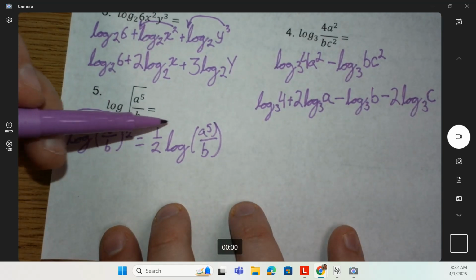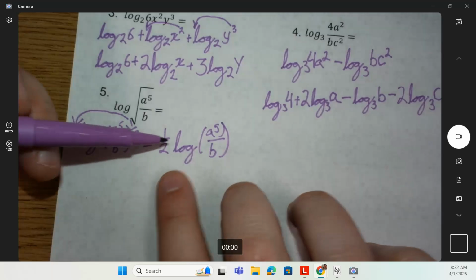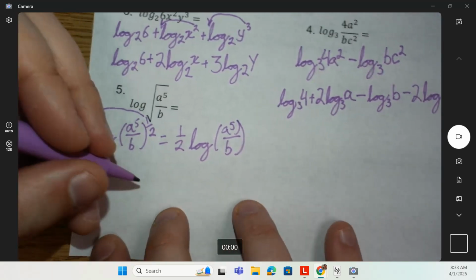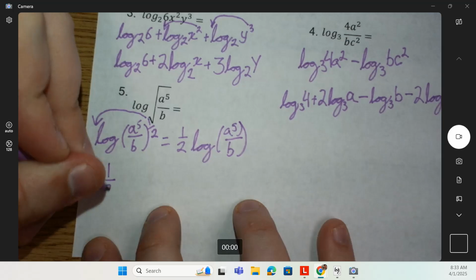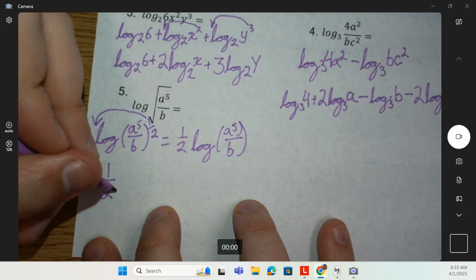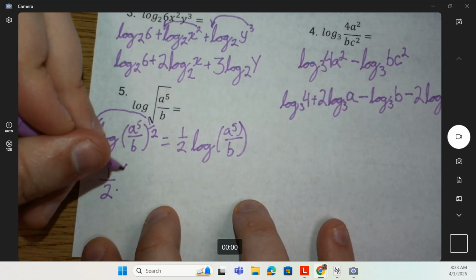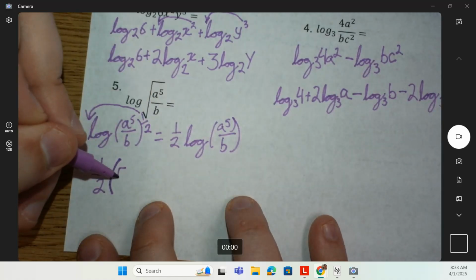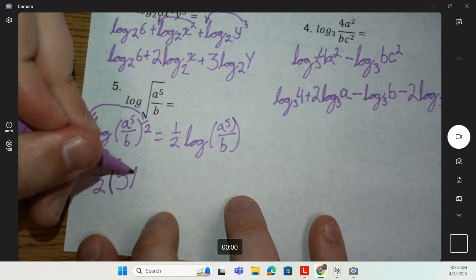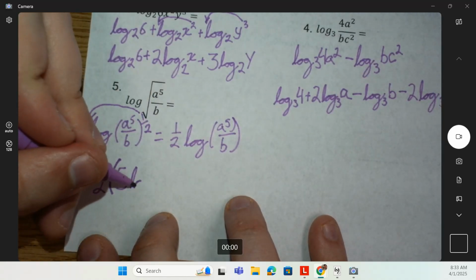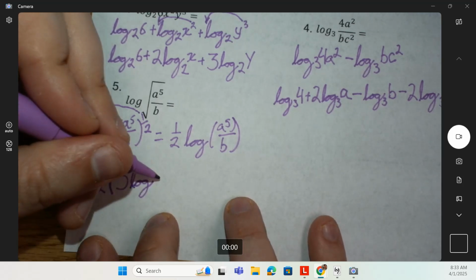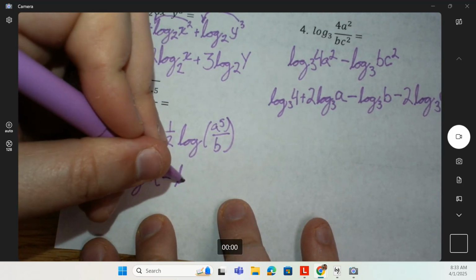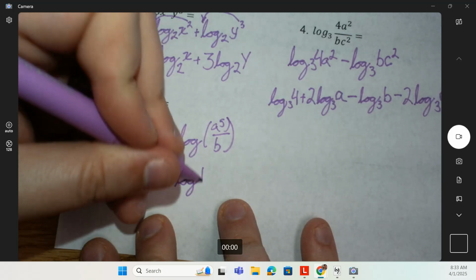when we split this up, because I'm halving this whole thing, that 1/2 is going to have to stay with both parts. So I have 1/2, and we'll just do it in parentheses, because that a to the fifth, go ahead and move the 5 up front. 1/2 times 5 log of a minus log b.